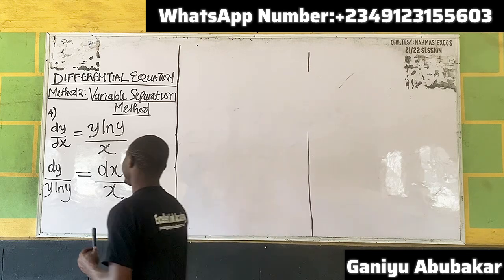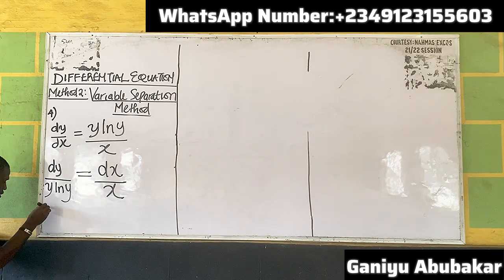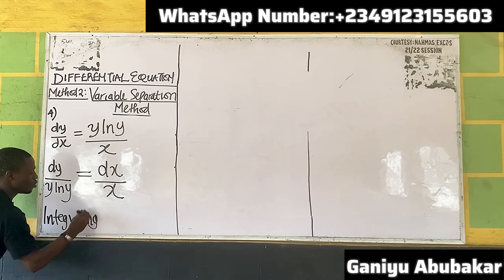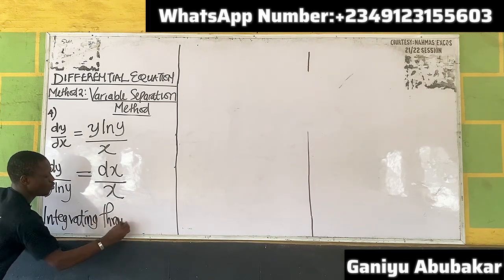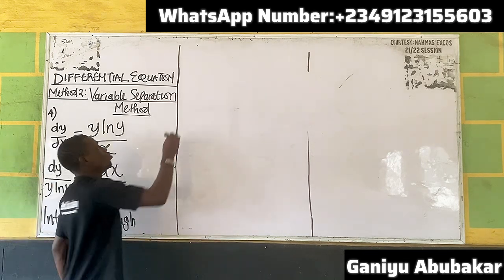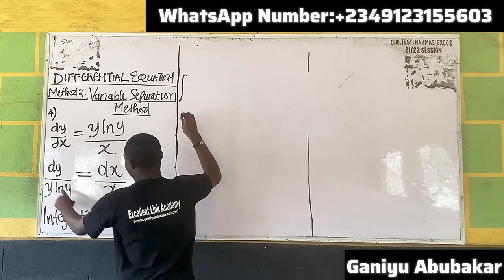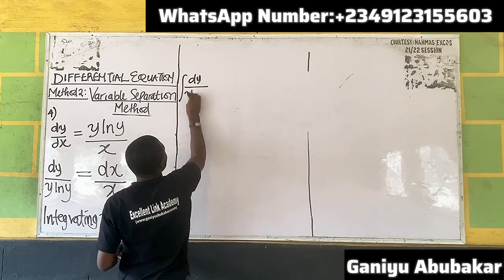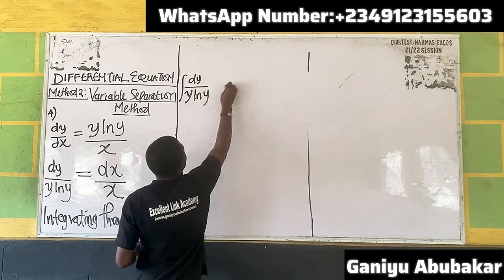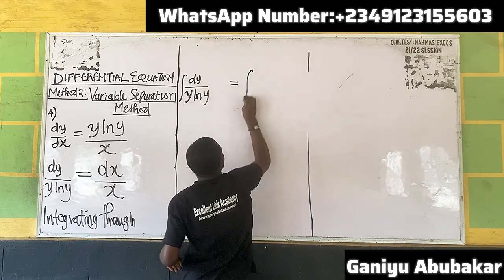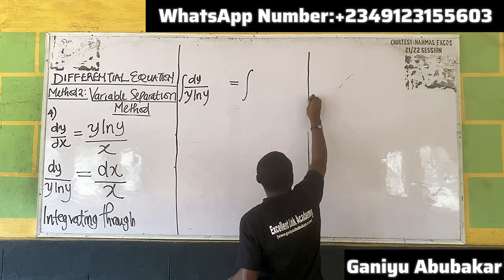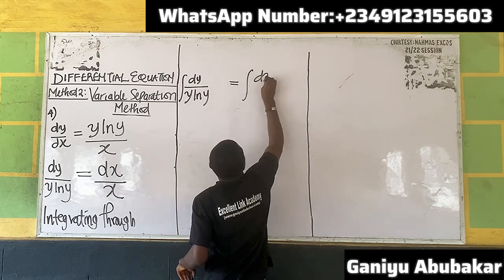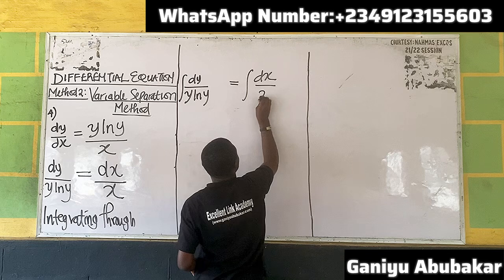Next task here, integrating through. That gives you the integral of dy over y ln y is equal to the integral of dx over x.